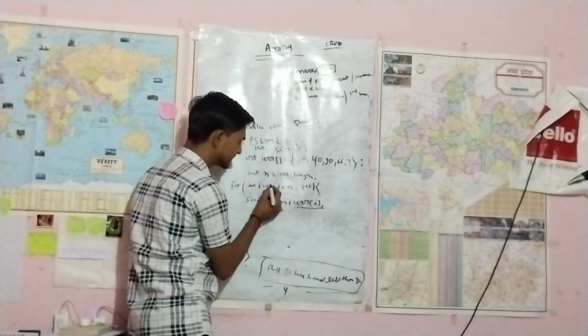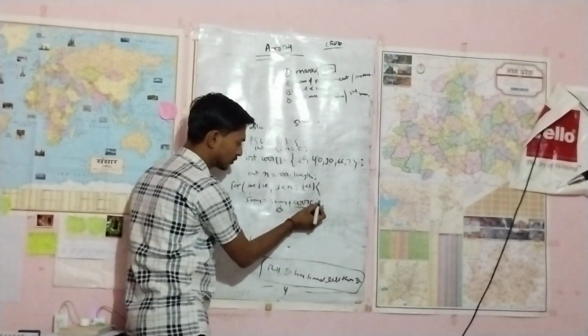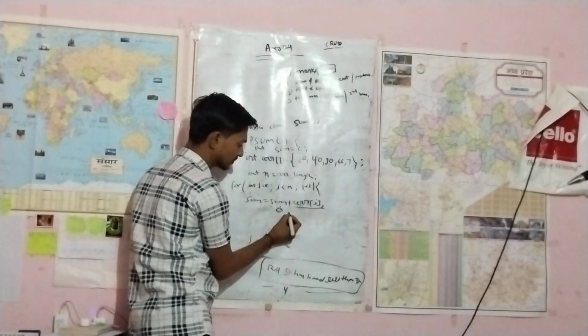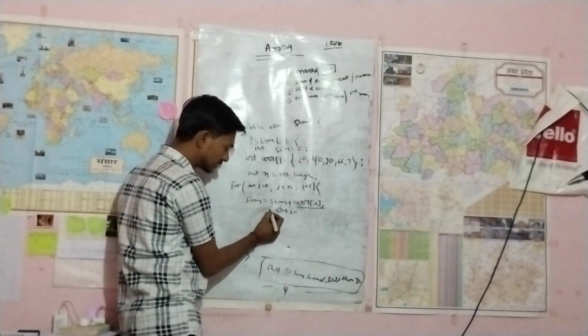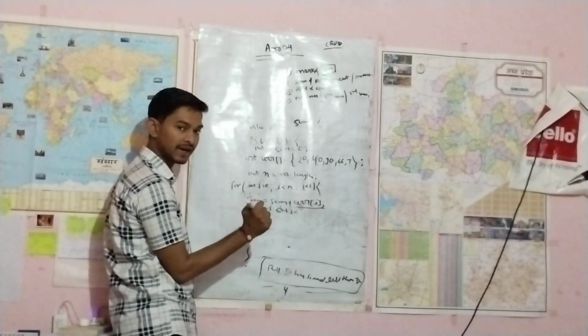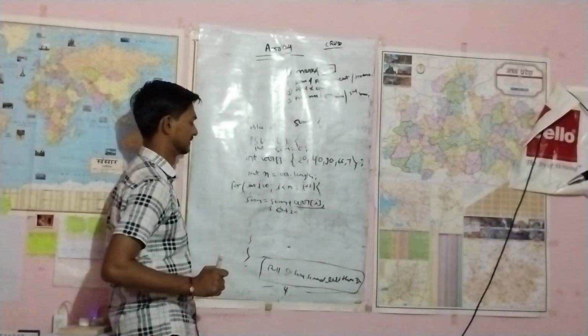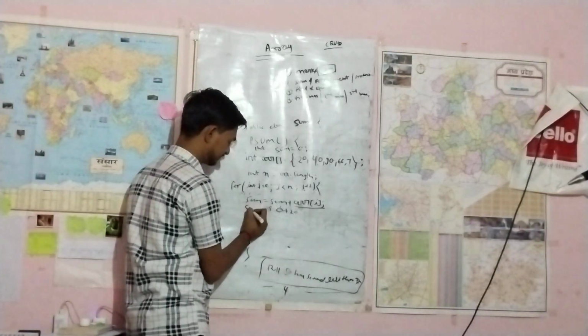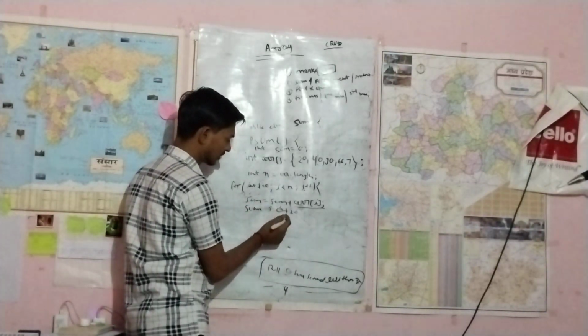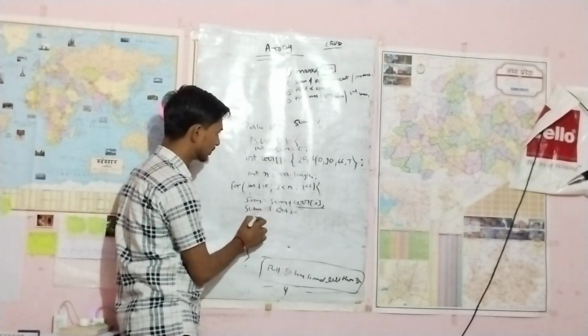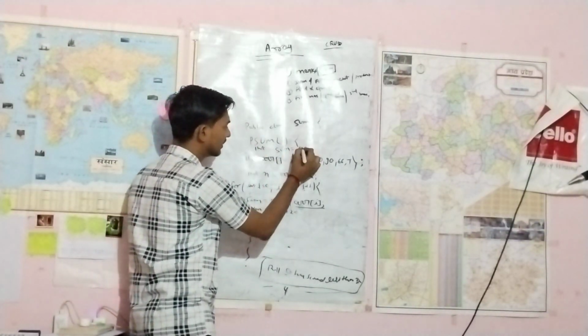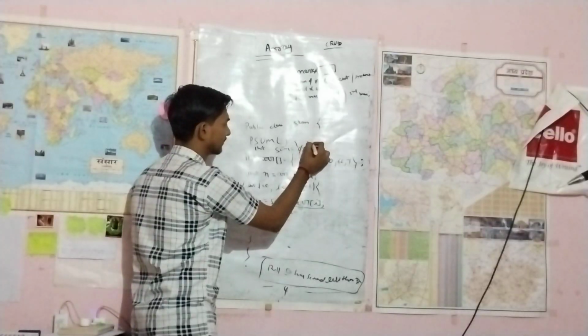Initially i is 0, so index number 0 will give you 20, and all these values you are updating in the same container, sum. So you have put the value 20 in sum, so it will update the value to 20.